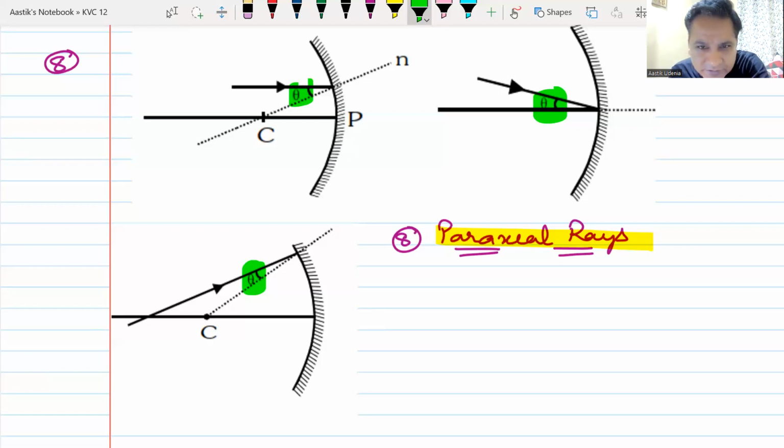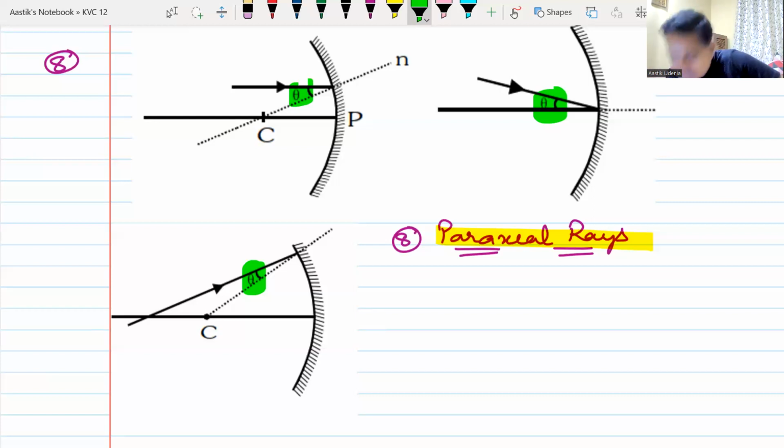It's there on the diagram. Tell me, very small what? Angle, sir. Angle of what? I want you to understand it from the diagram. It says very small what? Angle of reflection. Angle of reflection is not shown in the diagram.